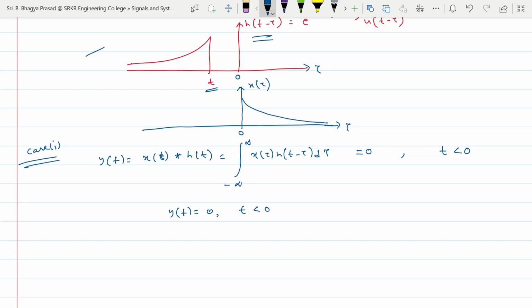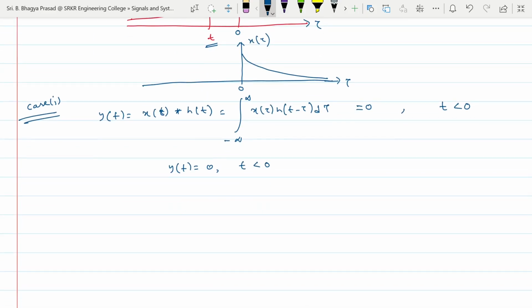Now I am sliding the h of t minus tau further, and consider in case 2 the signal h of t minus tau touching 0 and crossing the 0 value like this.